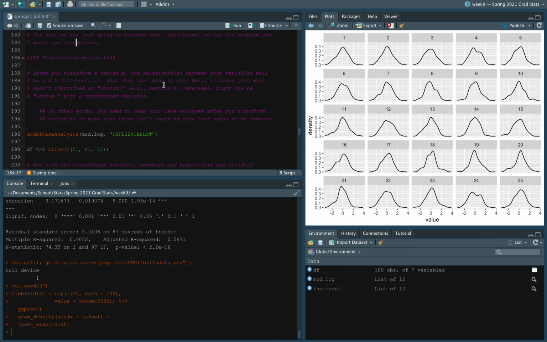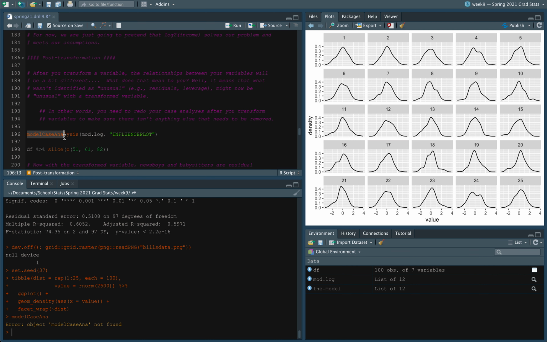So if last week when we did our case analyses to look for those unusual things, the outliers, residuals, leverage, etc., those things may be different now because we have a different relationship between our predictors and our outcome because we transformed one of them.